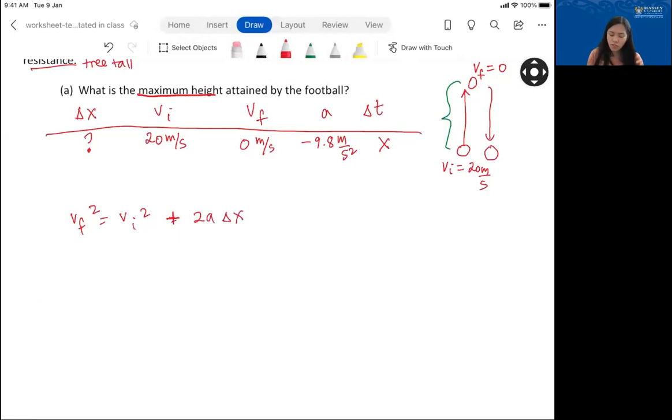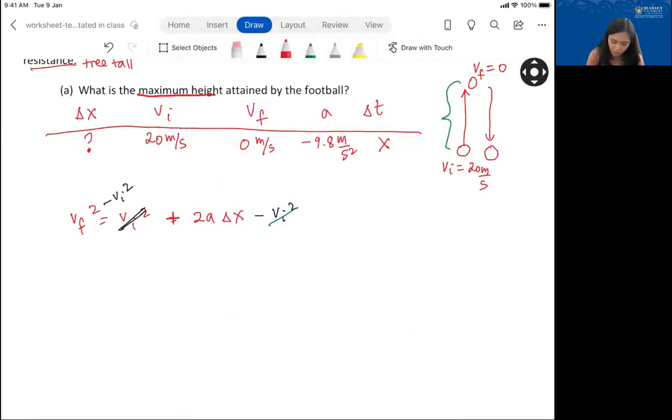We rearrange this equation to isolate delta x. If we subtract VI squared from both sides, that removes VI squared from the right side of the equation.